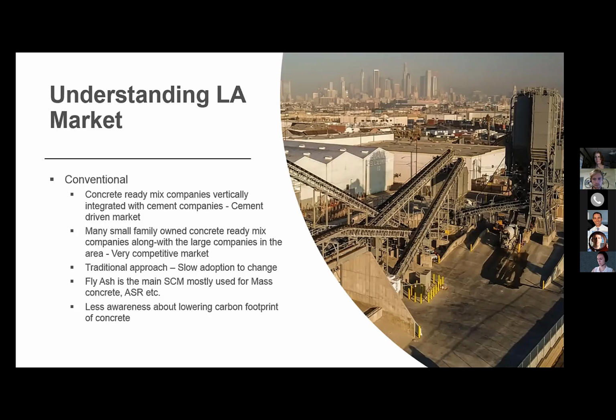As far as supplemental cementitious materials to replace cement, this historically has been a fly ash market down here. Cemex has started to import slag from China into Long Beach, and that allows us to use higher amounts of SCMs. Fly ash does have its limitations in terms of performance past a certain percentage, and slag is more favorable there.